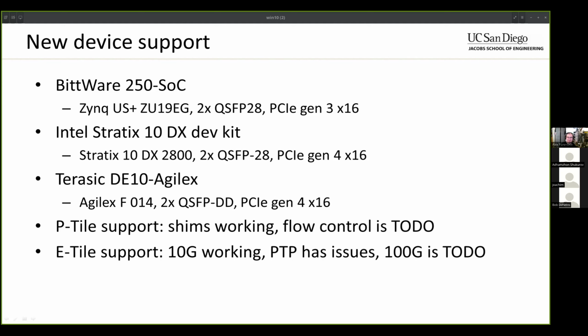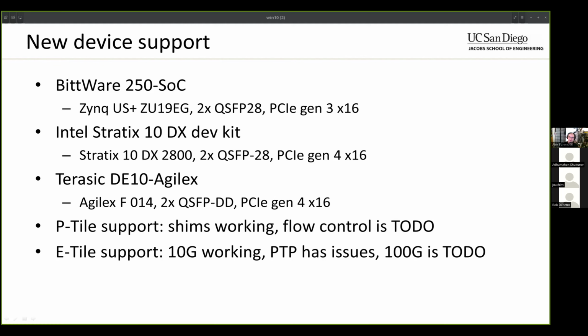But if it is an issue in the e-tile, then PTP is just not going to work on the e-tile devices. Or at least you're not going to be able to get timestamps for all packets, and we'll have to jump through some hoops to actually implement it so you only get transmit timestamps for PTP packets, which is kind of screwy. I have a post on the Intel forum. We'll see if we can get to the bottom of it.